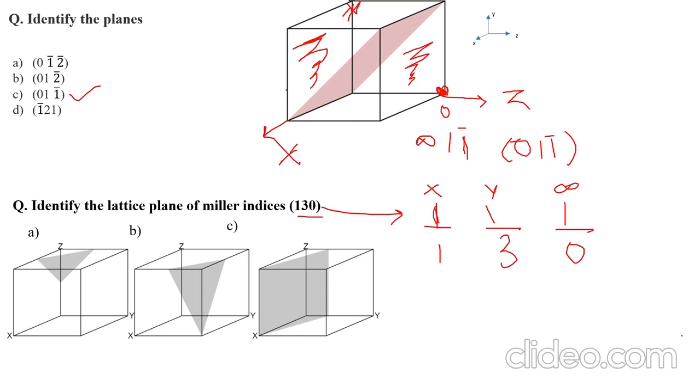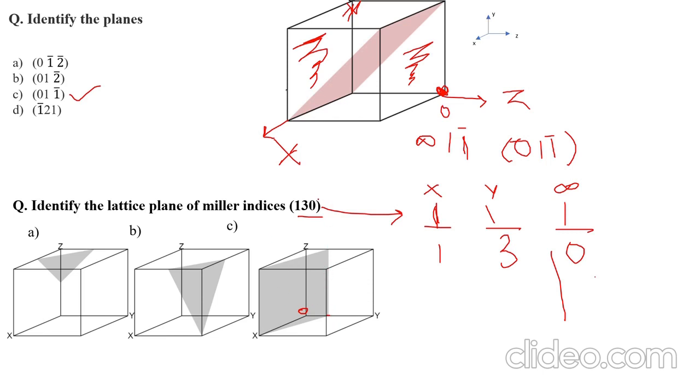Along the x-axis you have an intercept of 1, taking this as an origin, because now the plane is not containing that origin. You see the origin is beyond the plane. So from the origin you can take x as 1, and for y we are giving an intercept of 1 by 3, so it will come around to this point, and then it is parallel to the z-axis, so you can draw a parallel and then you can find this plane.